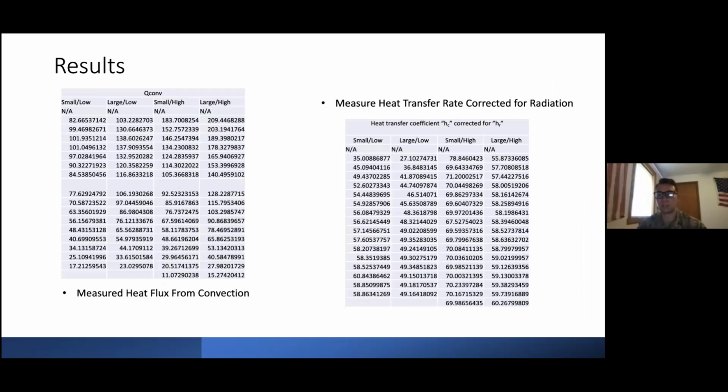Okay, so on the right, we have the corrected heat transfer coefficient for convection, and on the left, we have our actual heat transfer rate. As you can see, for each of the cylinders, small and large, at both velocities, your heat transfer rate starts relatively large and continues decreasing throughout the time.